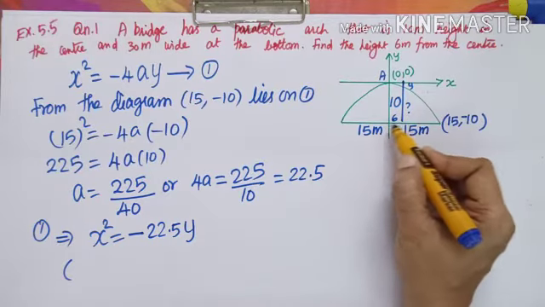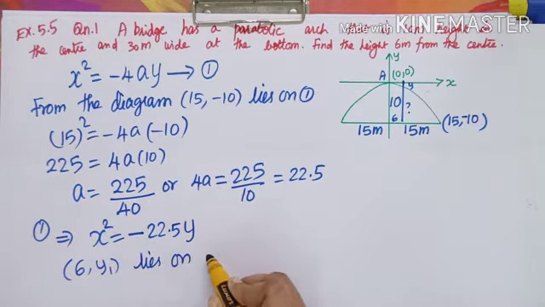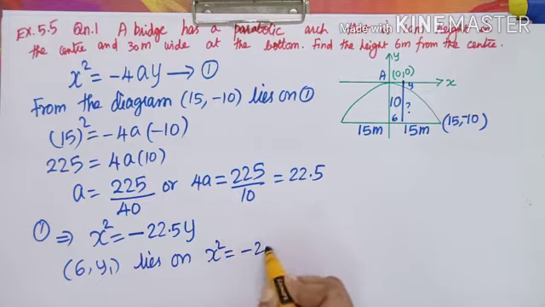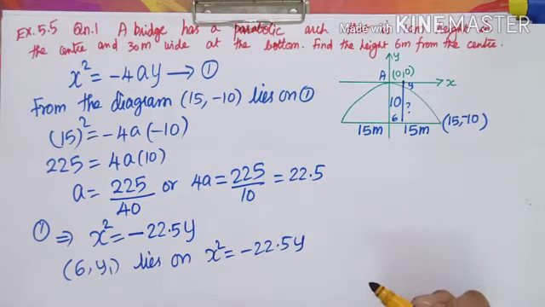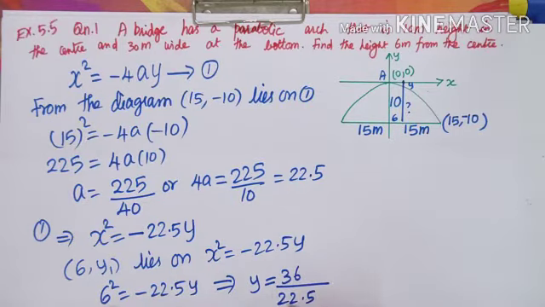What is the x value given? 6. 6 comma y1 lies on this equation, x square equals minus 22.5 into y. Substitute the x value 6, which means 6 square is minus 22.5y, or y is equal to 36 divided by 22.5.